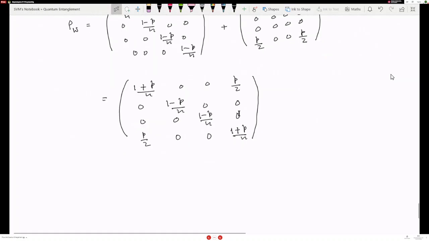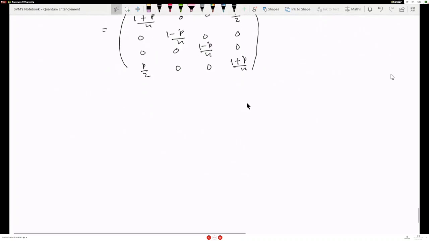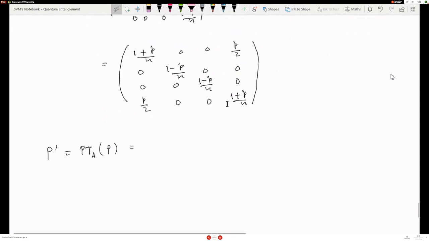Now we want to understand whether this is entangled or not. So for that, we can try to look at a partial transpose operation. Let us call this rho prime, which is equal to the partial transpose over A of this rho. That means we have to consider these blocks and transpose each block.